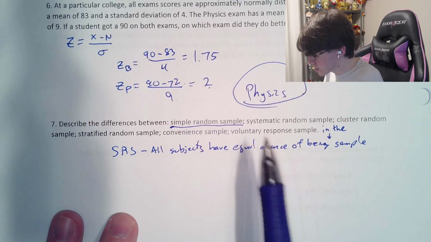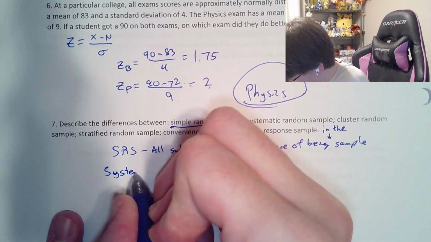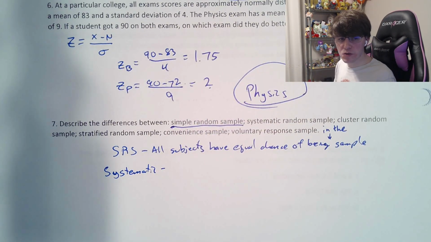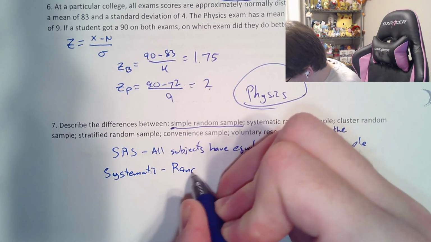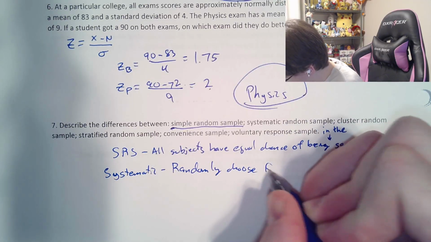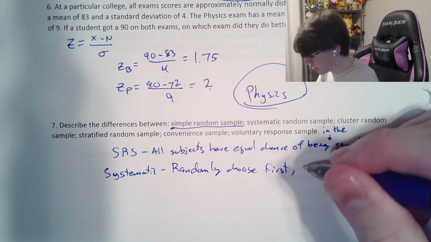The next one is the systematic random sample. A systematic random sample is going to be a situation where you randomly choose the first name. Randomly choose the first, and then you have a system for choosing all the ones after it.